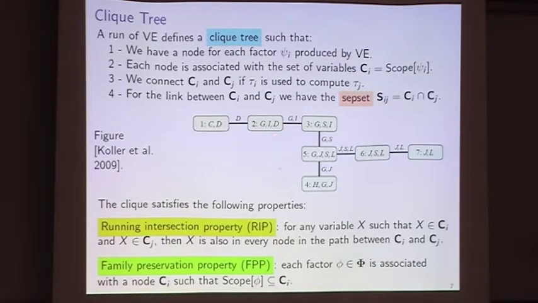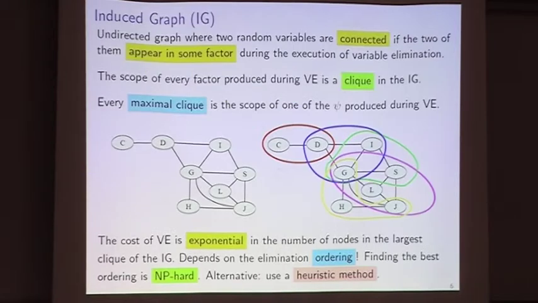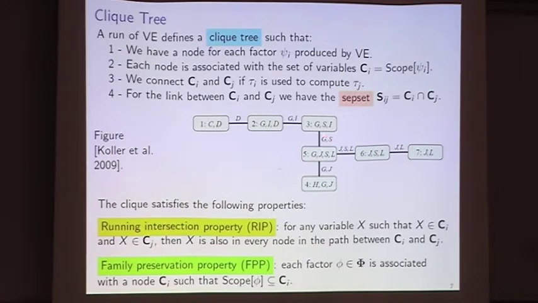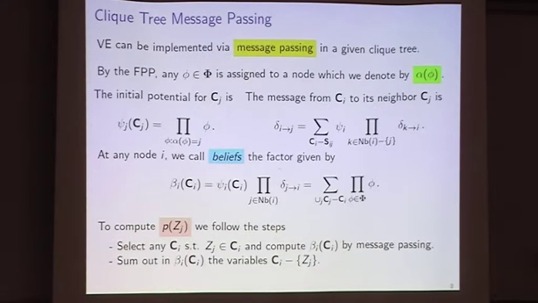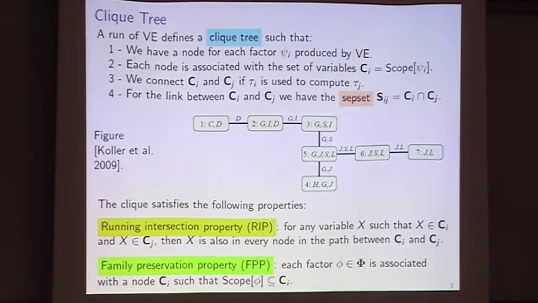So we connect the nodes 1 with 2 and 2 with 3. Then to compute tau 5, we are using the factor tau 4 and tau 3. So we connect the nodes 3 and 4 to 5. And the same for tau 6, we are using tau 5, and tau 7, we are using tau 6. So we connect those nodes.